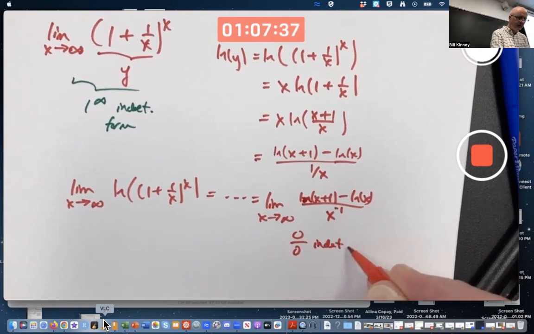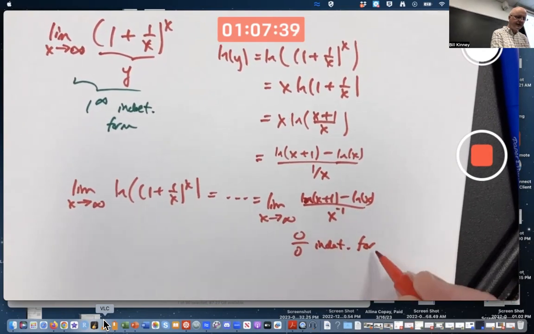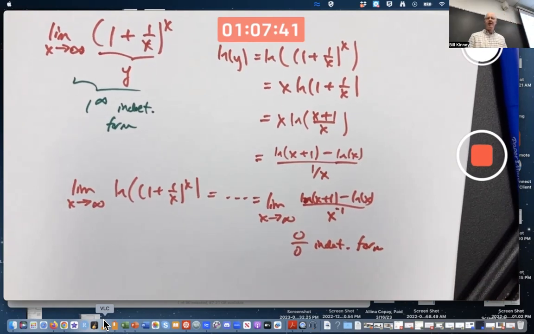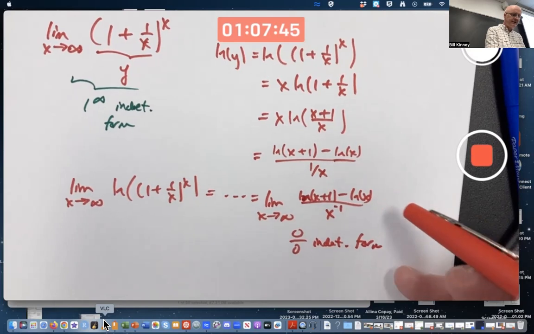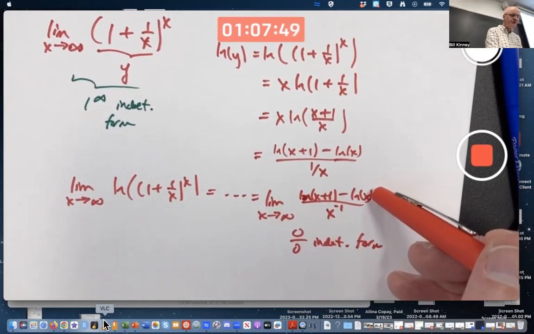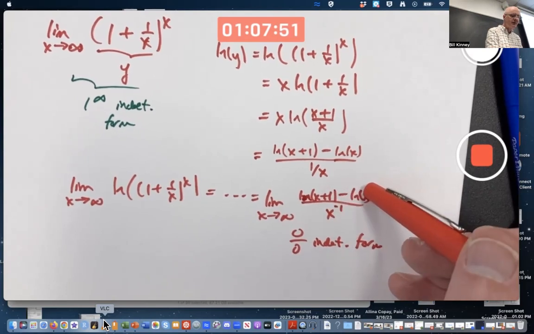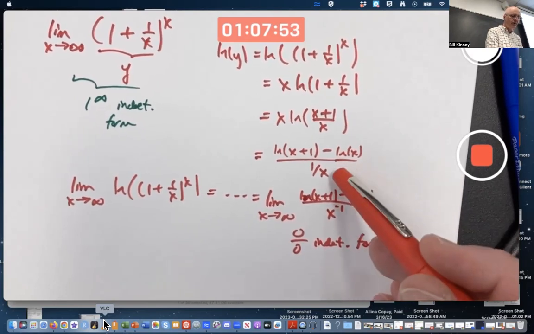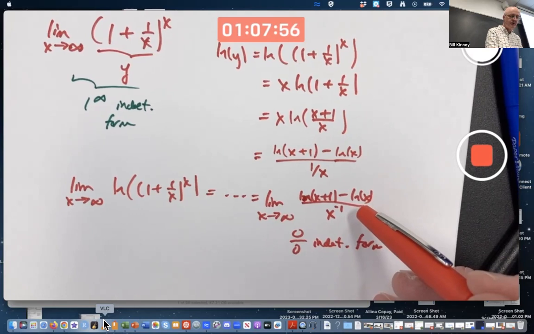Both the top and the bottom are going to 0 as x goes to infinity. I haven't really proved that, but it should seem reasonable. The things you're subtracting in the top are getting closer and closer together, so their difference is getting closer and closer to 0. And 1 over x goes to 0 as x goes to infinity.